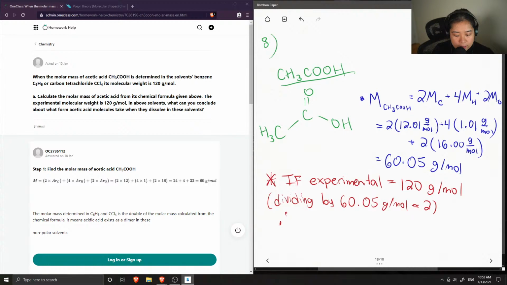So this tells us that acetic acid will form dimers in solution.